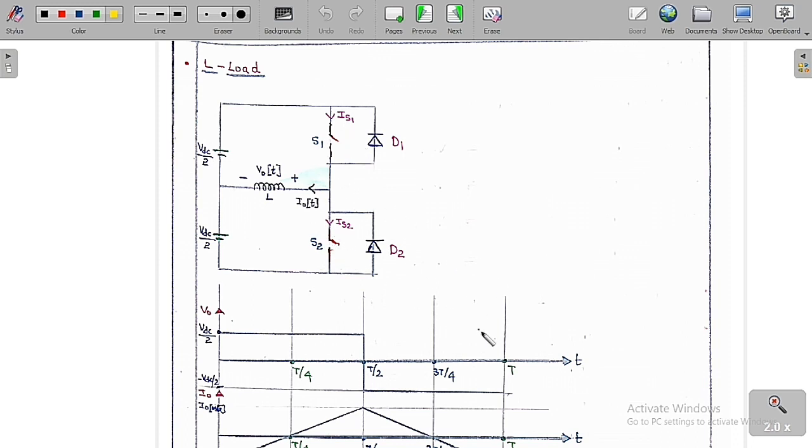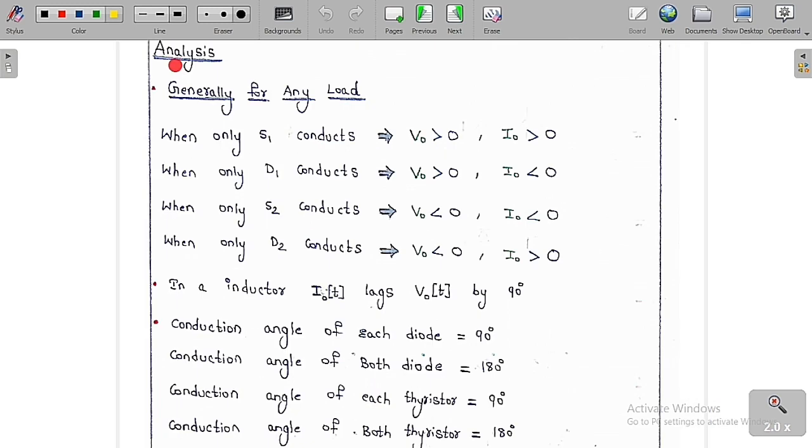Now we are going to do the analysis of each and every aspect of this circuit diagram. Generally for any load we are going to give some basic things, so that you can easily understand the switching process.